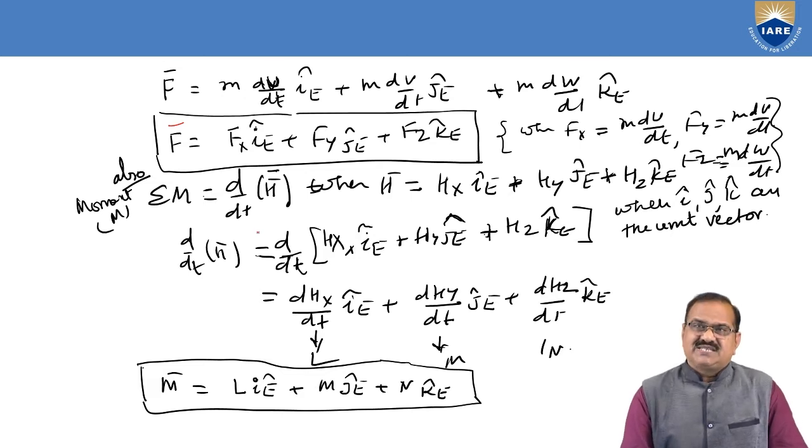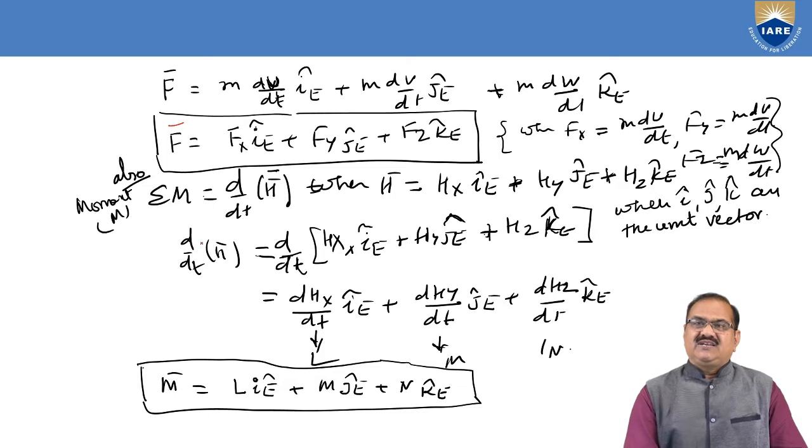Now what is the moment? So here we can say that moment is equal to d/dt of H. What is H? H is a summation of Hx i_e + Hy j_e + Hz k_e.